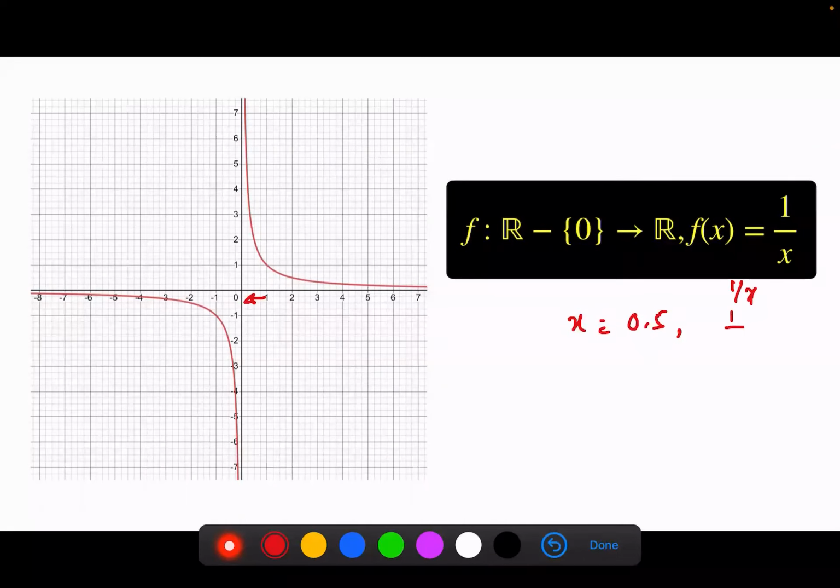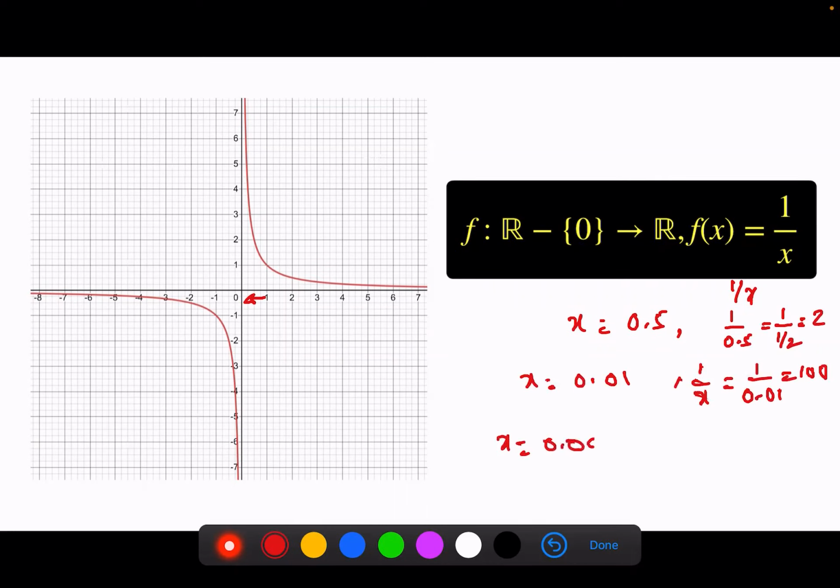It will be 1 by 0.5, which is 1 by 1/2, and that becomes 2. If x is 0.01, then 1 by x is 1 by 0.01, which becomes 100. If x is 0.001, 1 over x will be 1,000.